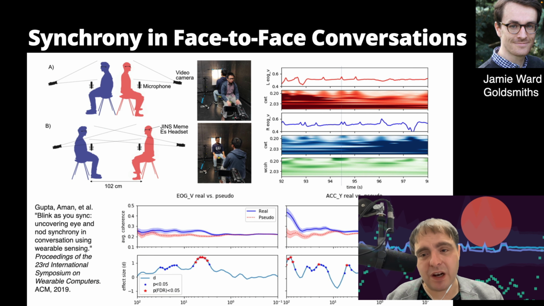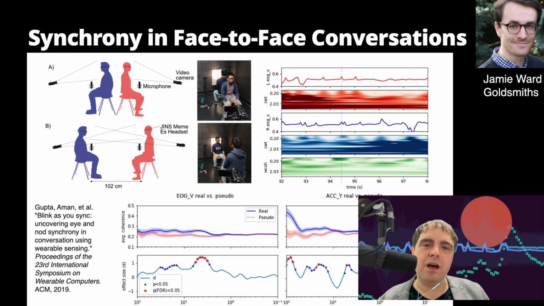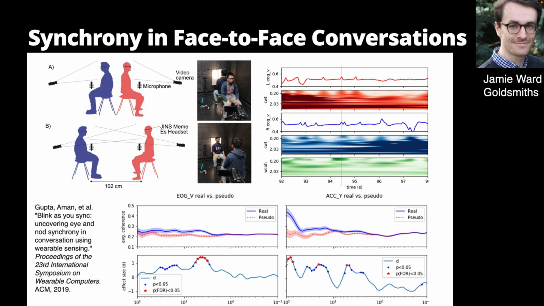So we use the accelerometer and also the EOG sensors that I explained before, the electrooculography sensor, to get the data, and we could find, yes, there is more synchrony if you're sitting face to face versus back to back. And it was the start in exploring interpersonal synchrony.